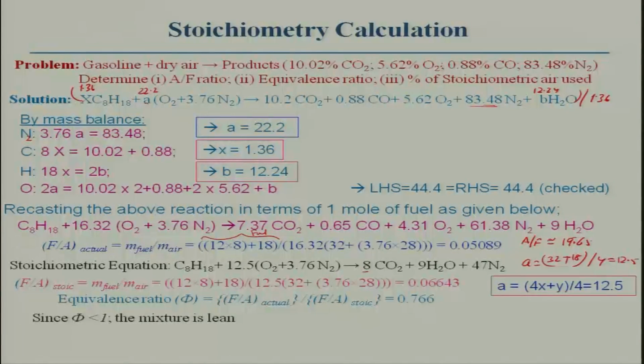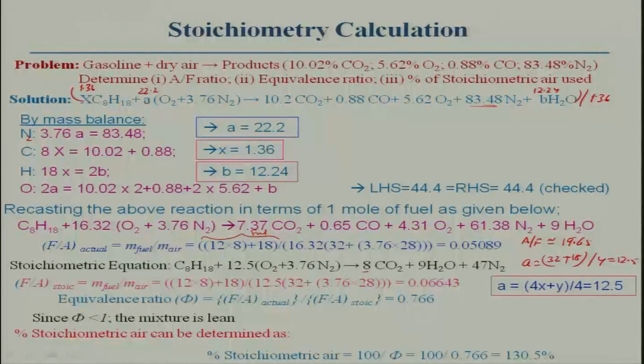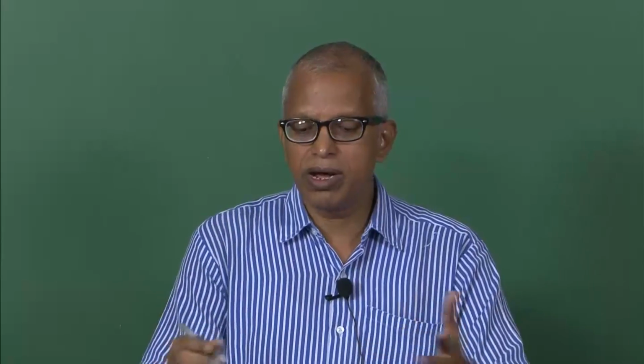And if the product contains fuel, it will be a rich mixture. And percent stoichiometric air can be determined as 100 divided by phi, and that happens to be 130.5%.